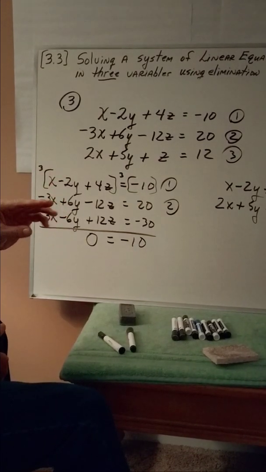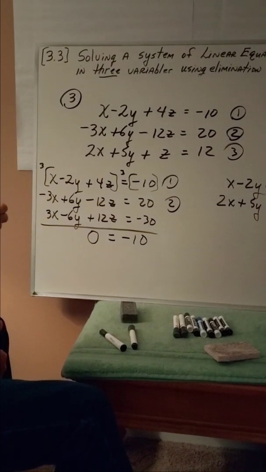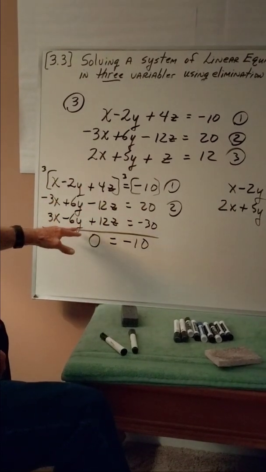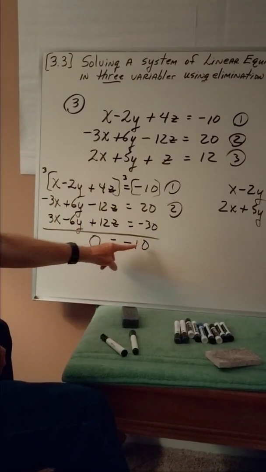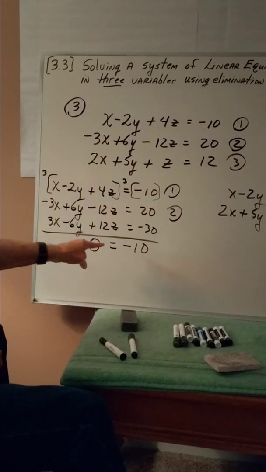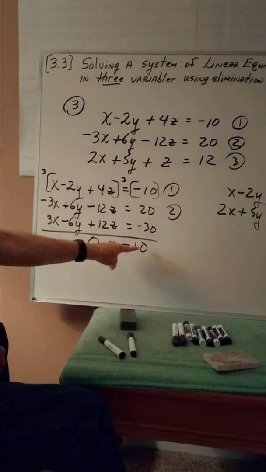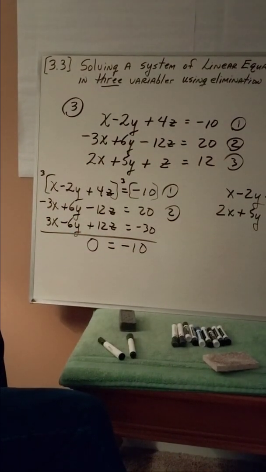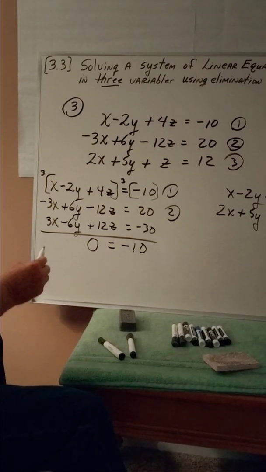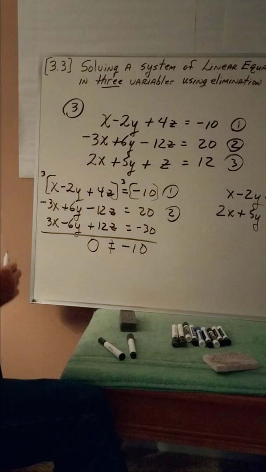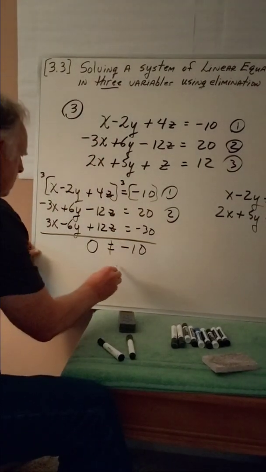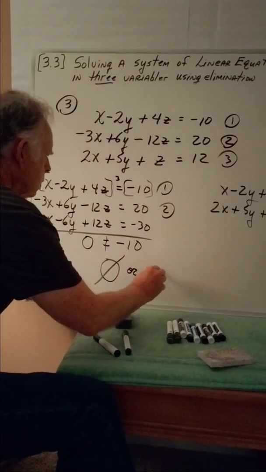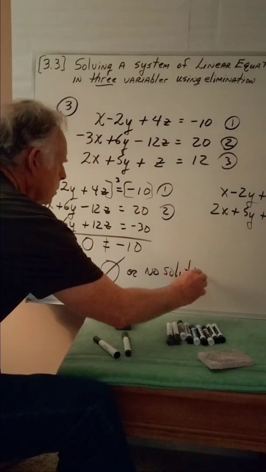Rule: if during the process of elimination you lose all of your variables and you end up with a numerical statement at the bottom that is false, and this statement is false because 0 does not equal -10, then the solution to this entire system is the empty set, or no solution.